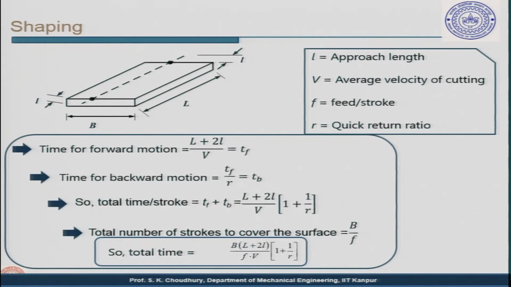So, this is the difference between shaping and turning: here we have to consider the approach length, and another factor that is different is the quick return ratio, because in case of shaping as well as in case of planing, the tool reciprocates or the workpiece reciprocates, and while reciprocating the forward motion will be at a lower speed because it removes material, and the backward movement will be at a higher speed, because in the backward motion the tool does not remove material in case of shaping, and material is not removed in case of planing.